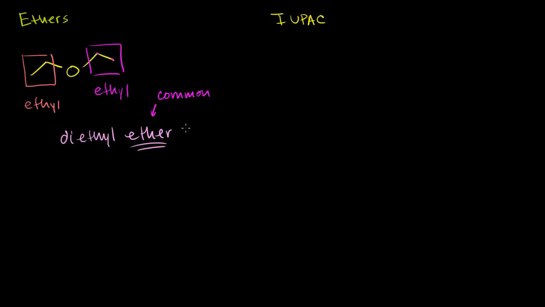Now, the International Union of Pure and Applied Chemistry official name for it, you do something similar to how we named other things before. You look for the longest chain. Let me redraw it. Maybe on the left-hand side, I'll do the common names. On the right-hand side, I'll do the IUPAC names. So let me redraw the diethyl ether.